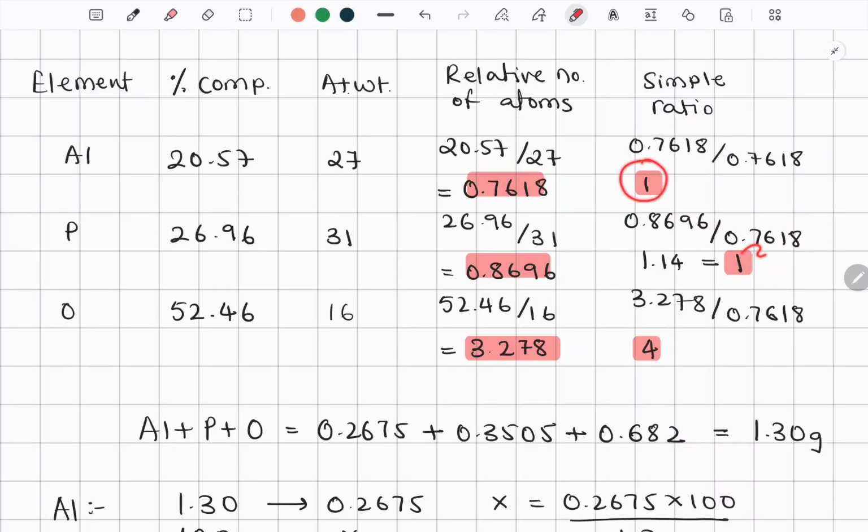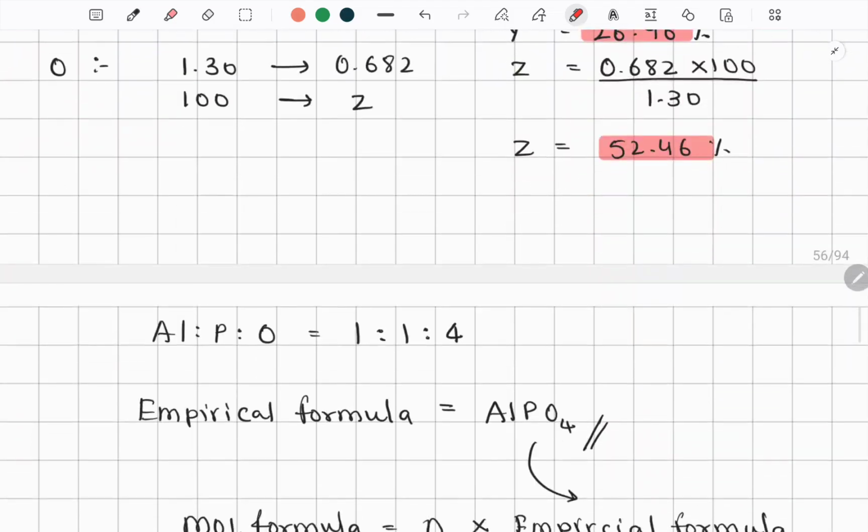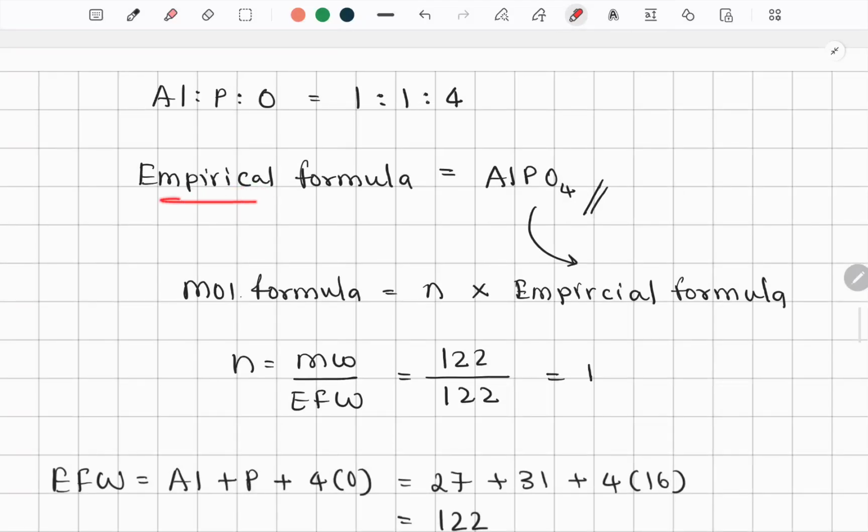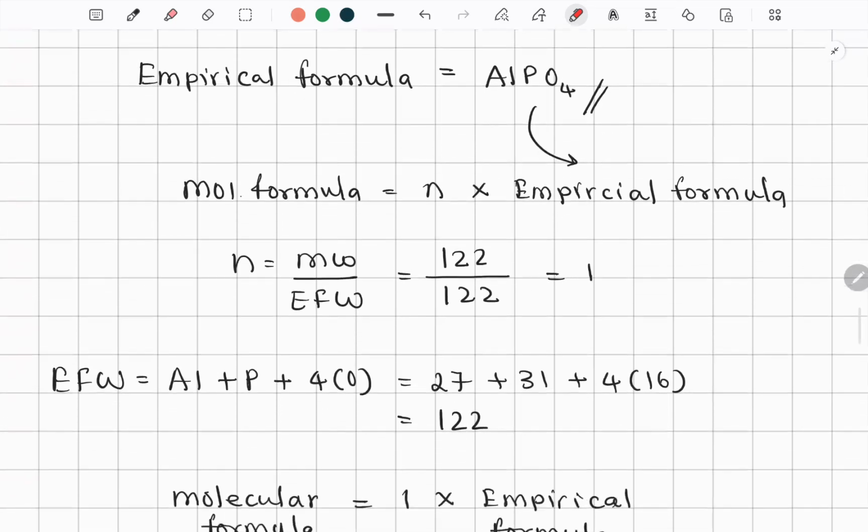So from the simple ratio we got 1:1:4. That means the aluminium to phosphorus to oxygen ratio was 1:1:4. Okay, we found the empirical formula. Then by using the molecular formula is equal to n into empirical formula, we calculated the molecular formula as well, but first we were required to calculate the n.